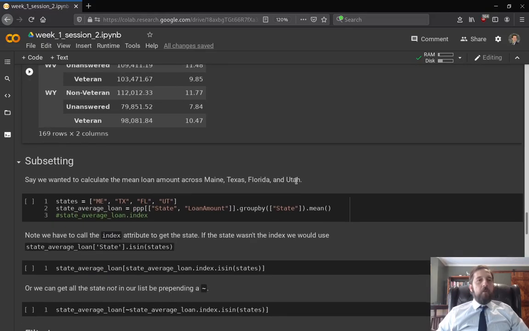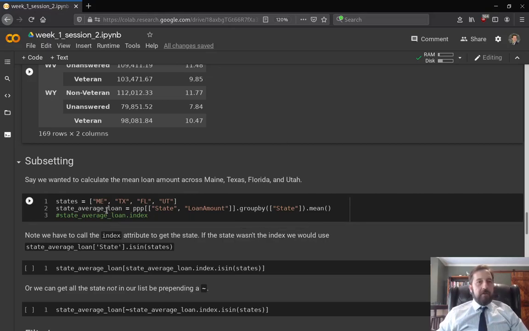Now, we'll run through two other common tasks with data frames and then we'll look a little bit at pivot tables. But another very common task in a data frame is to subset. We want to calculate means, sums, some metric on a subset of the data frame.